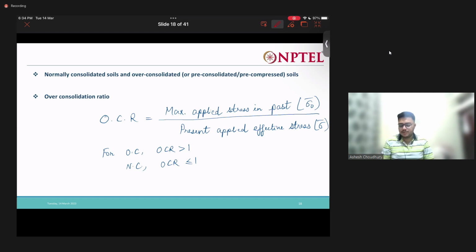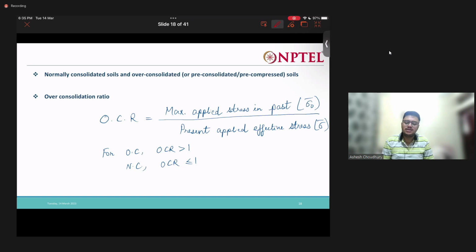Normally consolidated soil means that whatever stress is acting on the soil at this point of time is the maximum stress that the soil structure has ever encountered in its life. And what is over consolidated or pre-consolidated or pre-compressed soil?